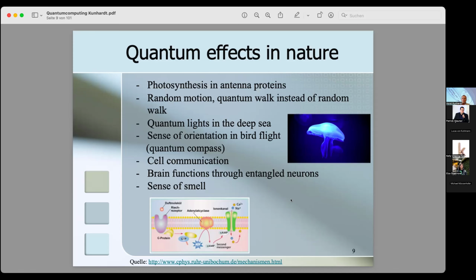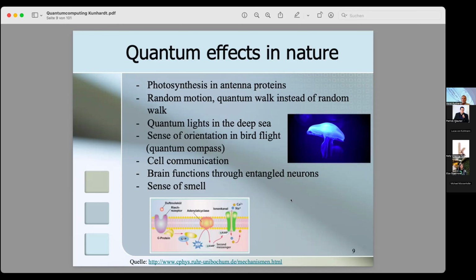Some call that the quantum compass, where birds find their way over the whole world. Cell communication on the smallest elements in our body, or brain functions, are explained through entangled neurons, and our sense of smell can be explained with quantum effects.